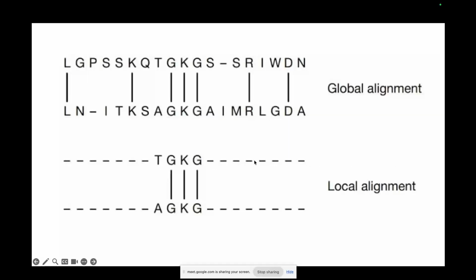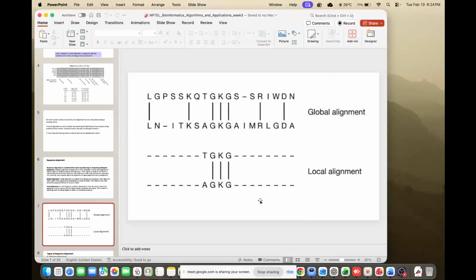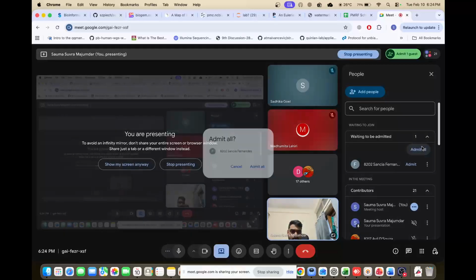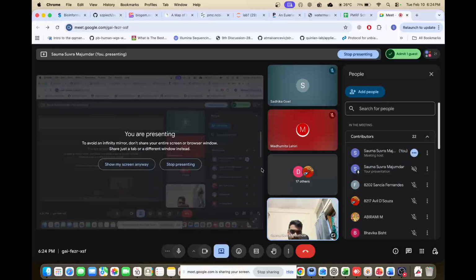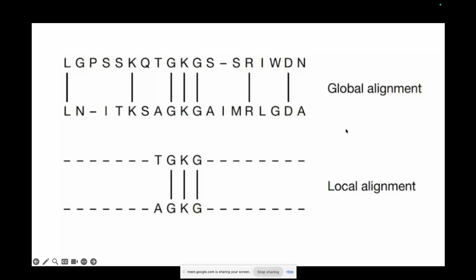So this is just to show a pictorial representation of the difference between global and local alignment. As you can see, this is the whole string length, right?